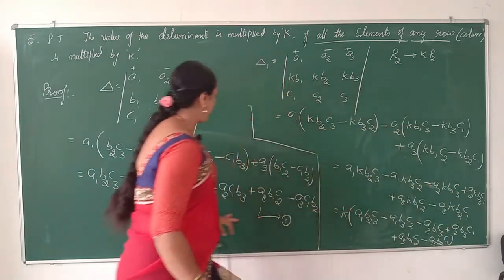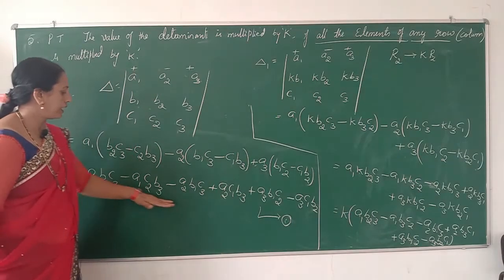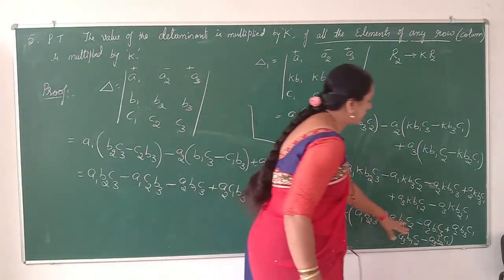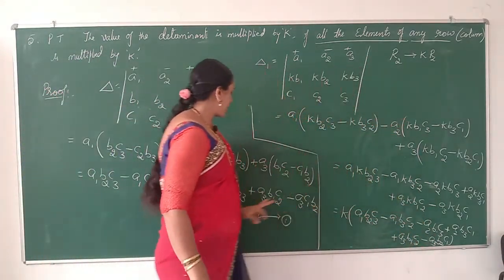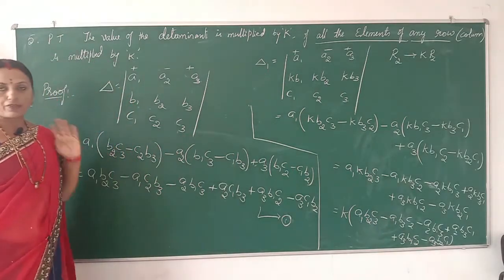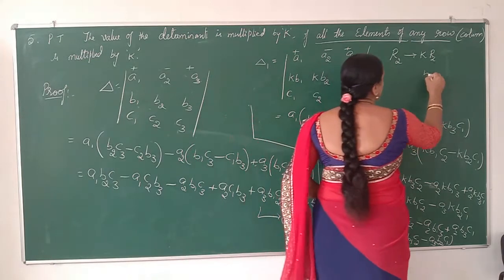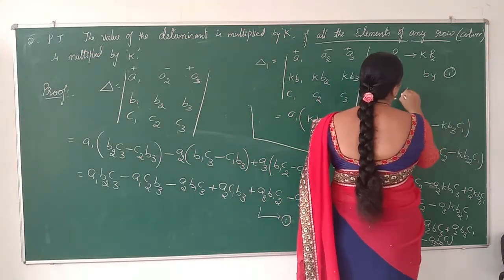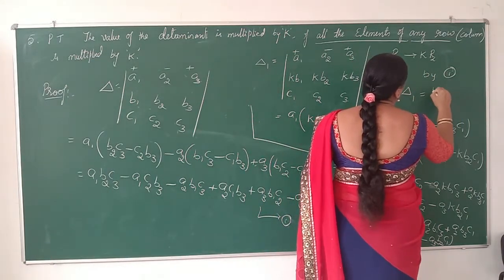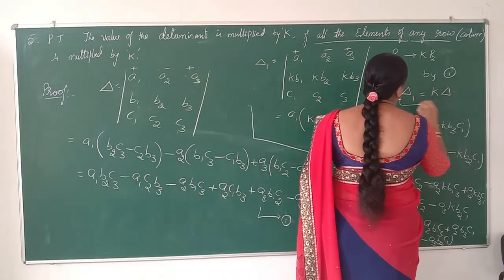So if we compare with equation 1, all the elements of equation 1 are represented in these terms, and each element compared with each other is the same except K. Therefore, by using equation 1, delta 1 can be written as K times delta.